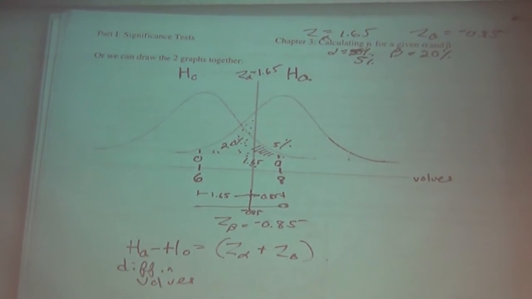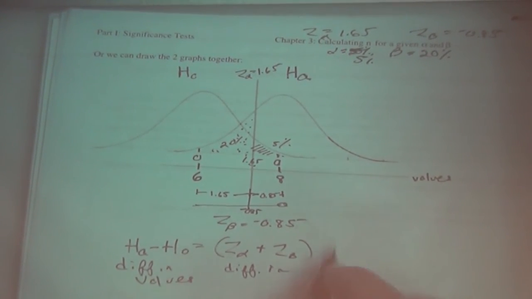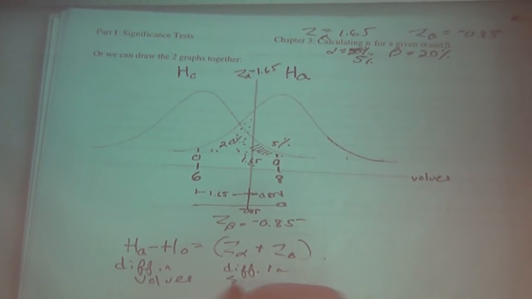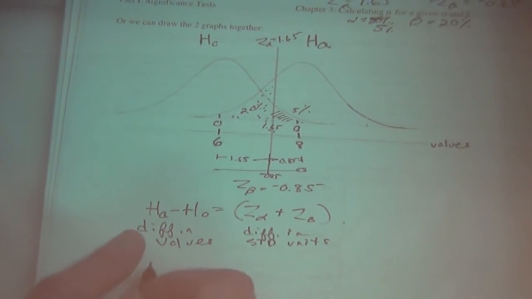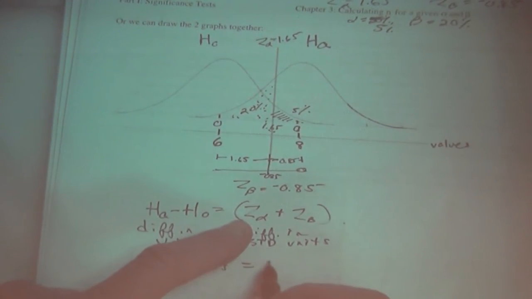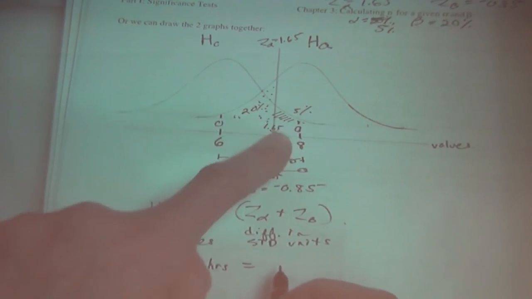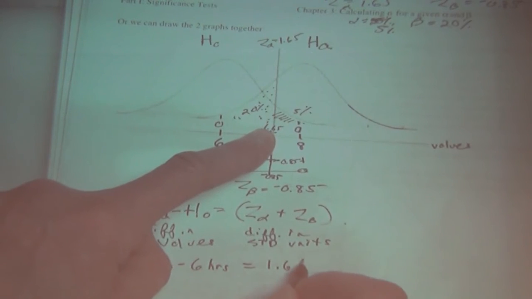This is our difference in standard units, unit-free, z-scores. That's our difference. Well, so let's think what this is. This is 8 hours minus 6 hours. And this is a z-score of the distance from here to here, to make our type I error at 5%, is 1.65.